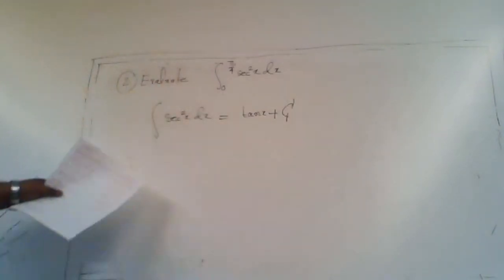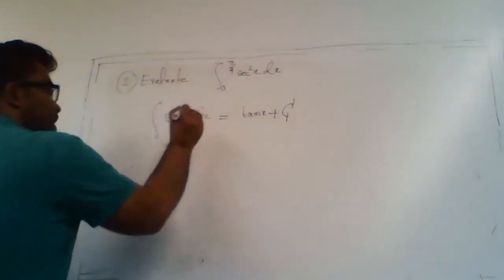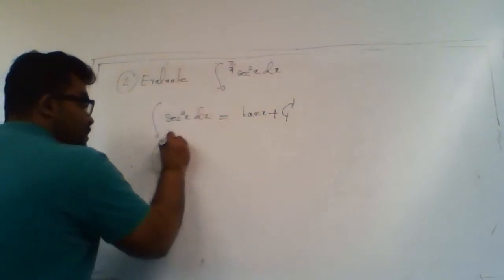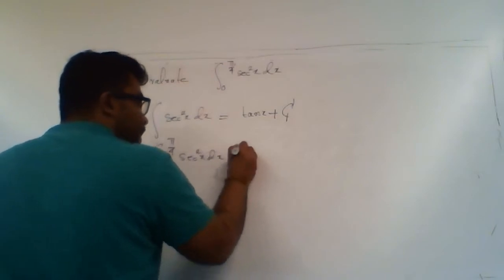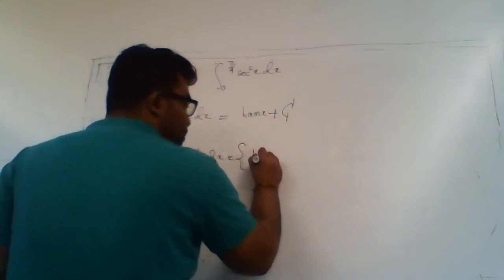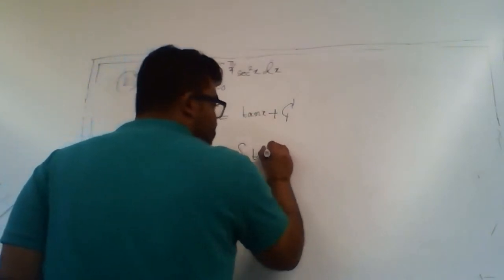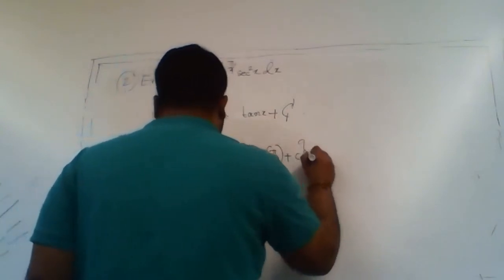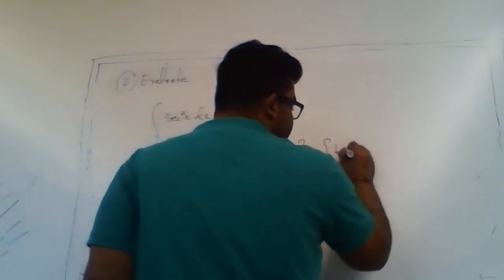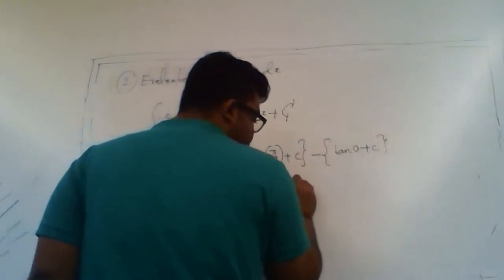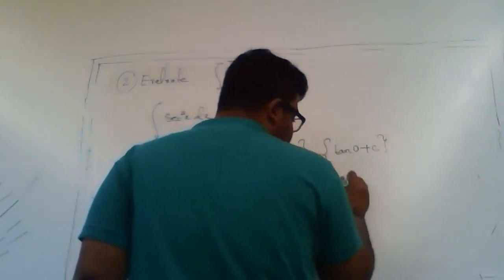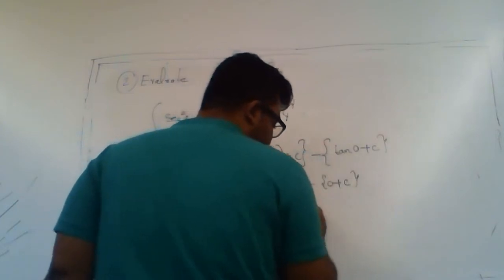Put c whenever you are doing an indefinite integral. Then by the evaluation theorem, just put pi by 4 here, tan of pi by 4 plus c, then put 0 here, tan of 0 plus c. So you get 1 plus c minus 0 plus c. You just get 1 as your answer.